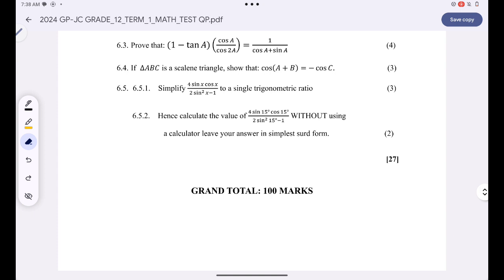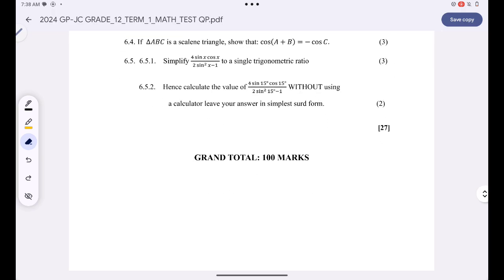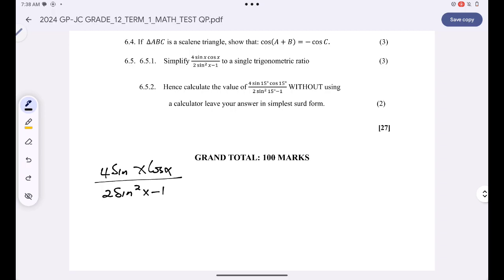Okay, and then now let's move on. We are supposed to simplify the expression into a single trigonometric ratio. I have 4 sine x cos x all over 2 sine squared x minus 1.